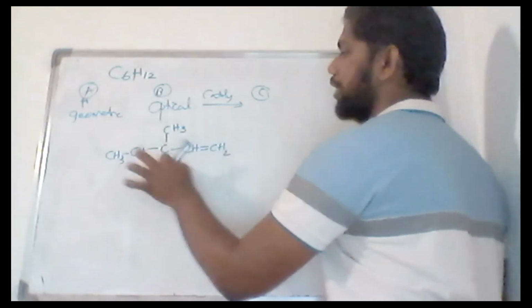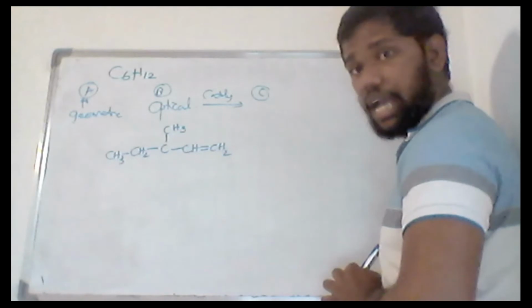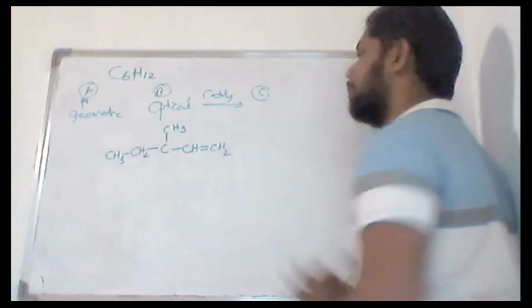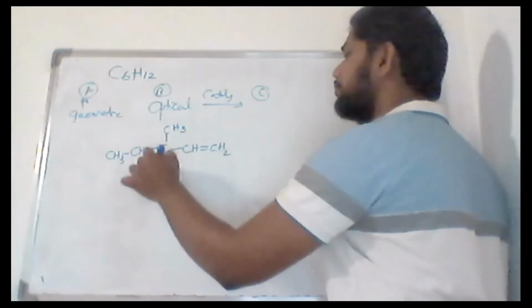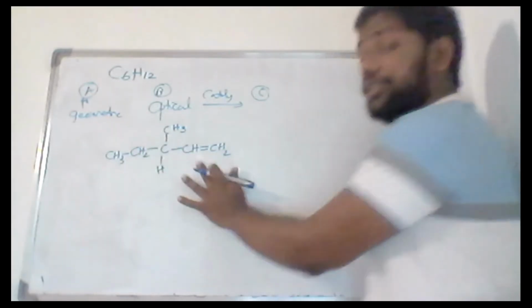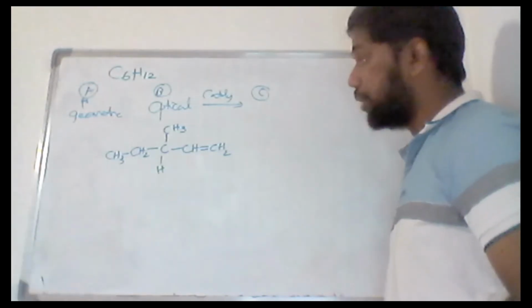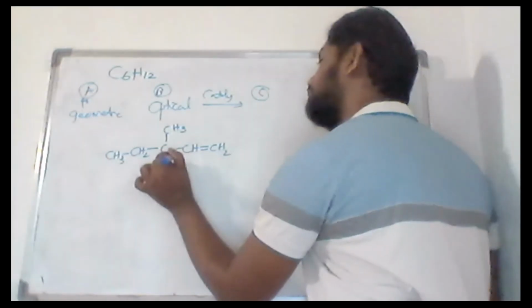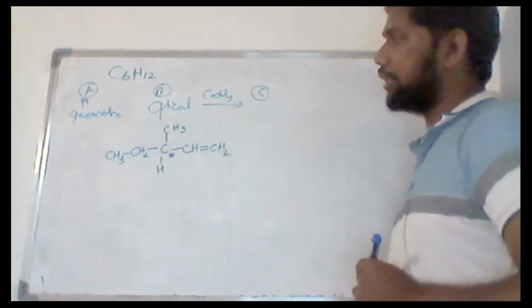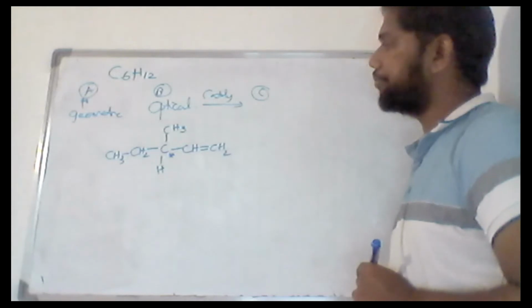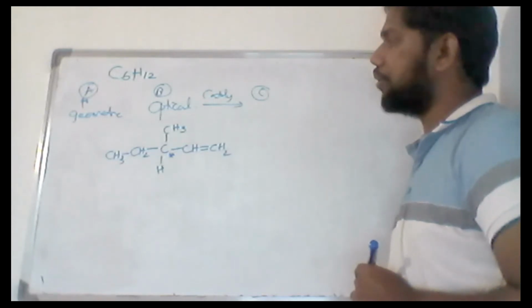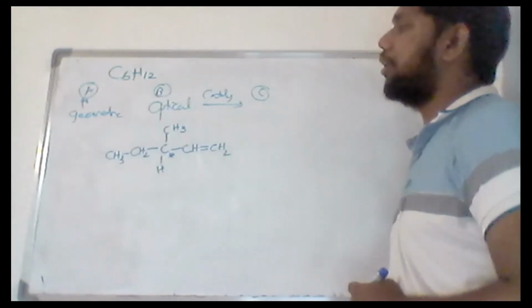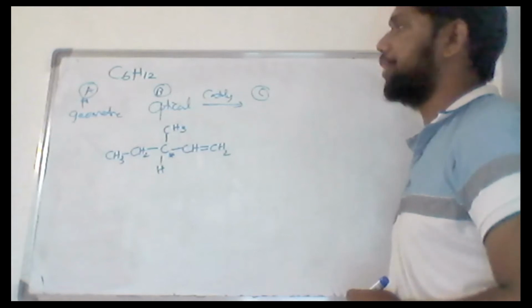So 1, 2, 3, 4, 5 penta, and I have a methyl substituent, and I have a double bond here, which is not showing geometrical isomerism in this case, because there are 2 similar groups here. But here this shows optical isomerism. Typically, this can be the most acceptable one for the optical isomerism.